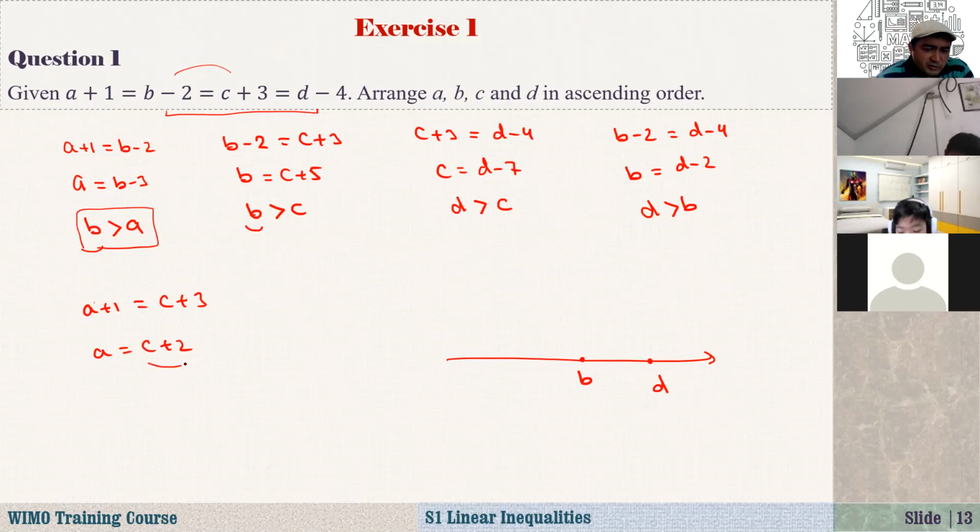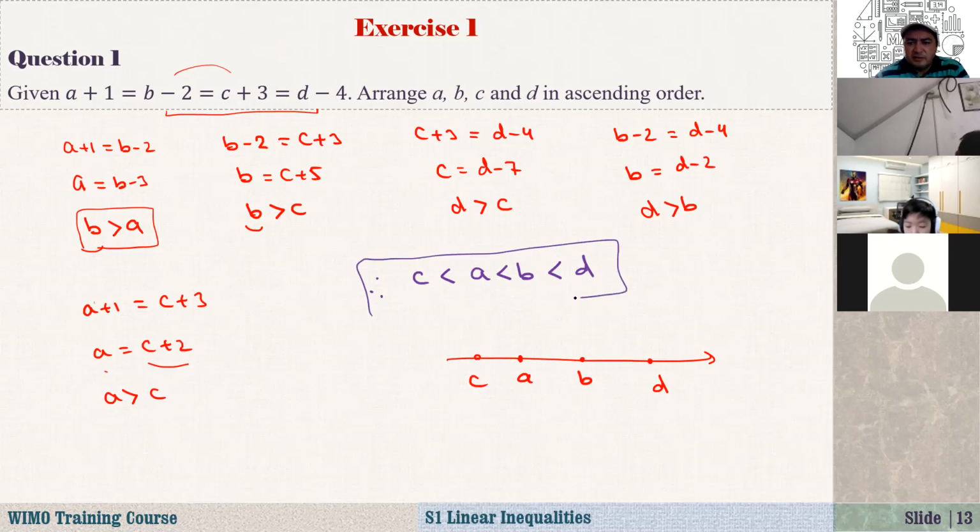So if you add 2 to c, then it is equal to a. That means a is greater than c. So the answer is, c is less than a is less than b is less than d. So we just arrange these numbers in ascending order.